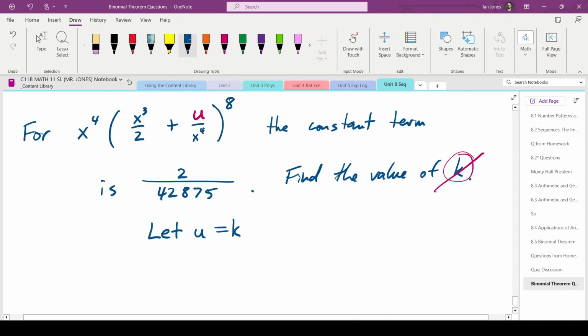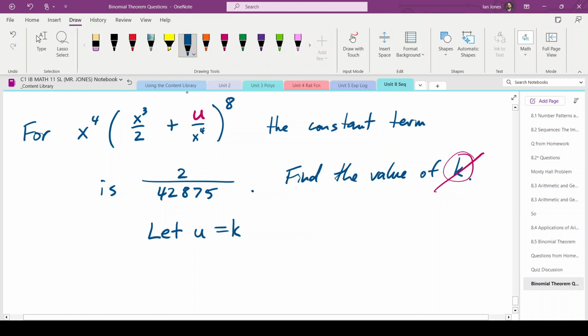Now, what I need to do here is figure out when this whole thing has x to the 0, because that's when I have my constant term.